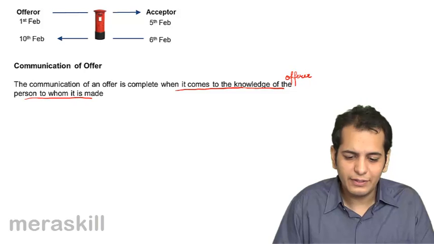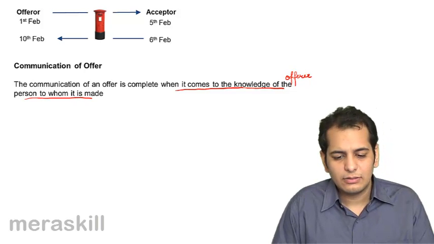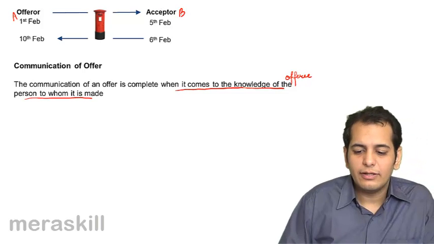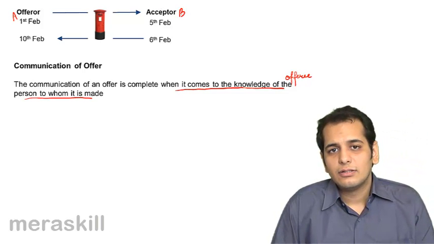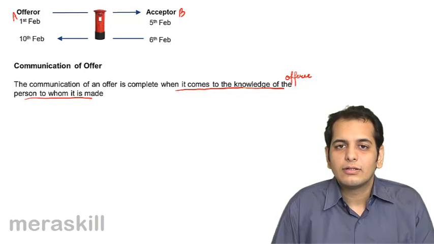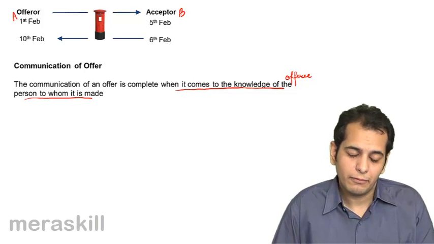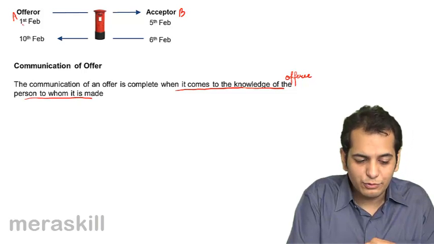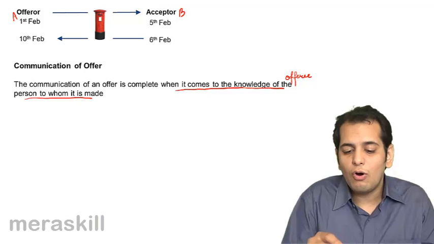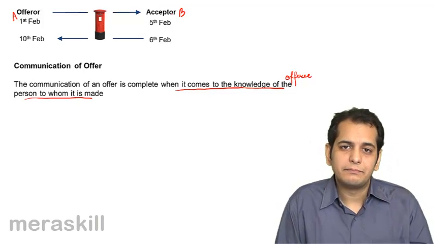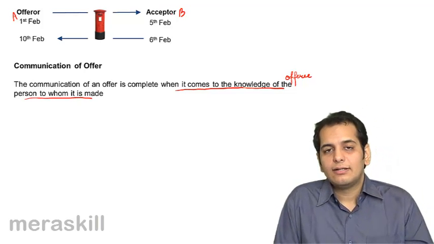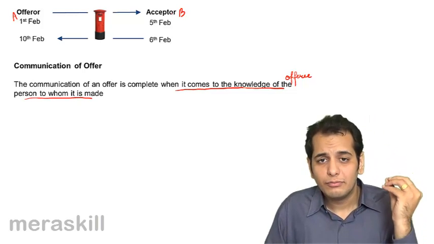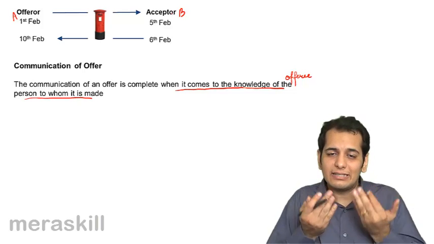Now, when is the offer coming to the knowledge of the offeree? Does it come on 1st Feb, that is when A posts the letter, or on 5th Feb, that is when B receives the letter? It will obviously be 5th Feb, that is when he receives the letter.